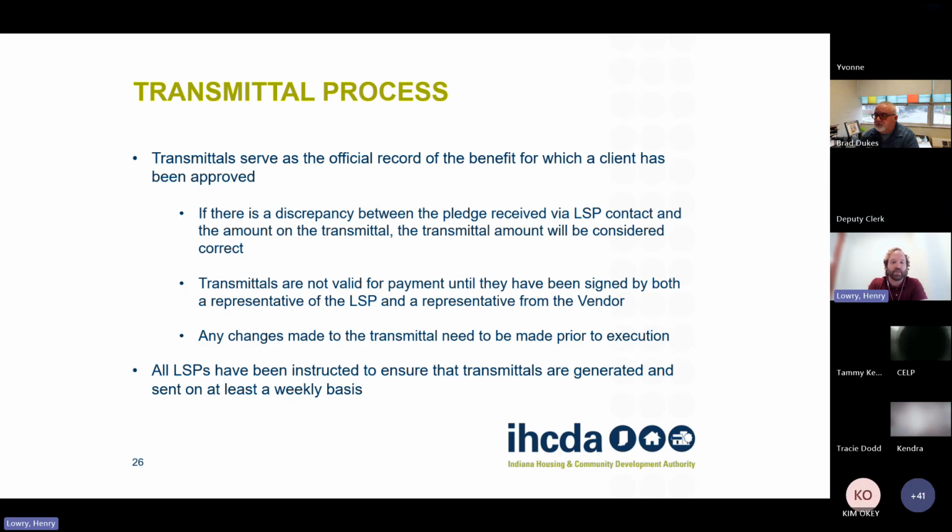Transmittals are not valid for payment until they have been signed by both the agency and the utility vendor. Any changes made to the transmittal need to be made prior to the signature and execution of it. All of our agencies have been instructed to ensure that transmittals are generated and sent on at least a weekly basis.